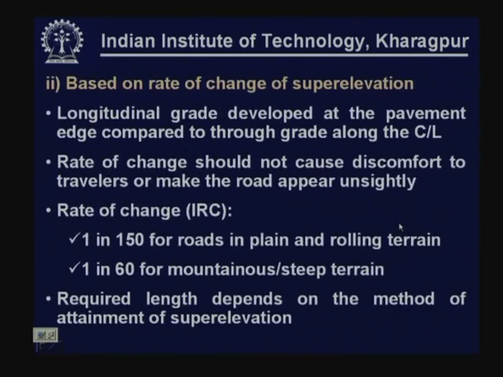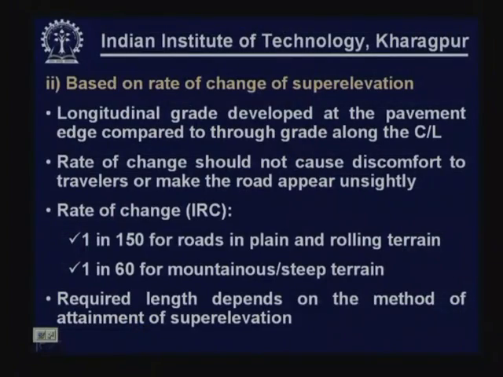Now, the second criterion is based on the rate of change of superelevation. Superelevation, as we have already discussed, should be introduced gradually over a length, the superelevation runoff, which we have also defined. So, at a certain rate this superelevation should be introduced.